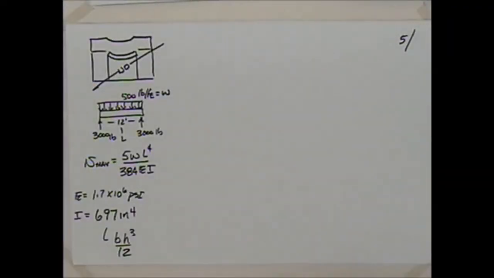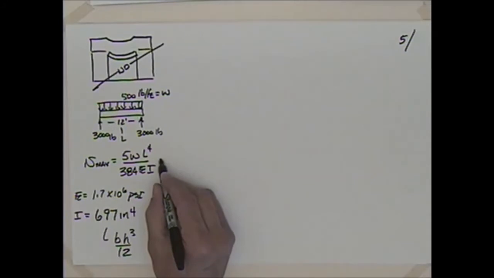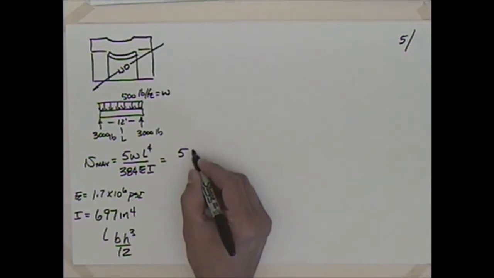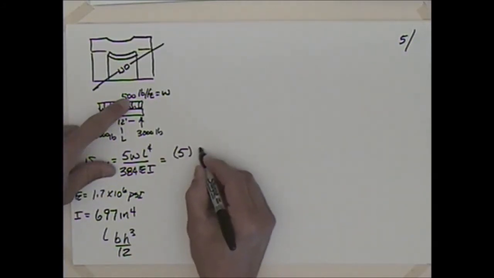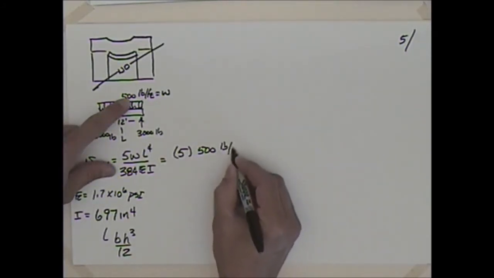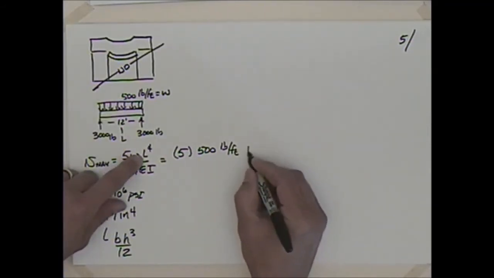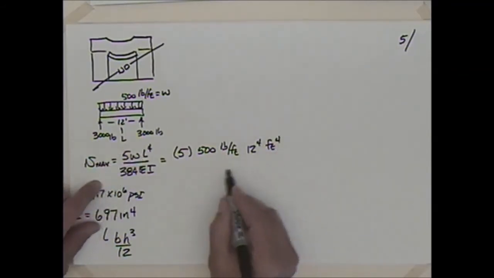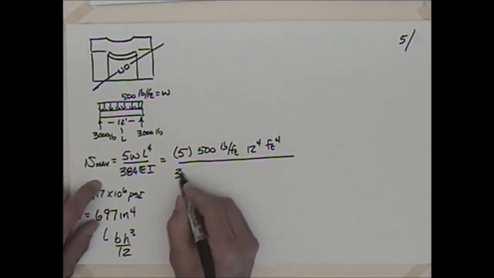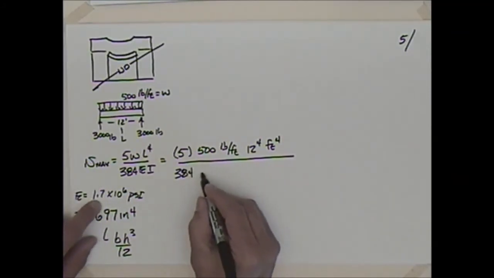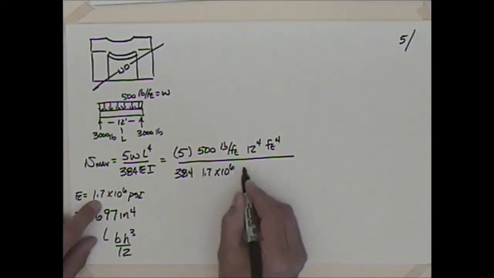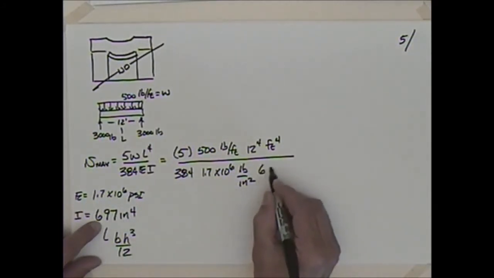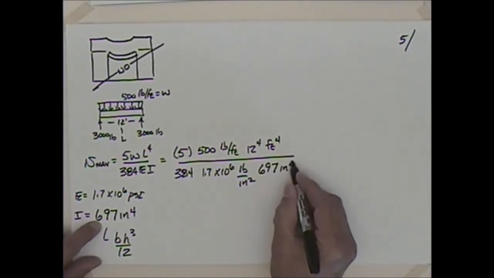And as you go through these, until you get really familiar with this, I encourage you to really watch the units on this. So let me be very careful with this. 5 times W, which is 500 pounds per foot, times the length, which is 12 to the 4th, then I'll get feet to the 4th, divided by 384, and then I have E, which is 1.7 times 10 to the 6th pounds per inch squared, and then I have I, which is 697 inches to the 4th.